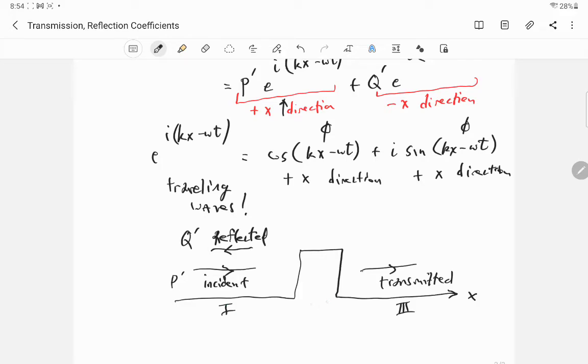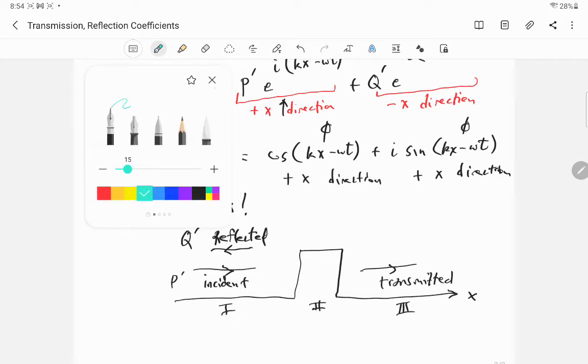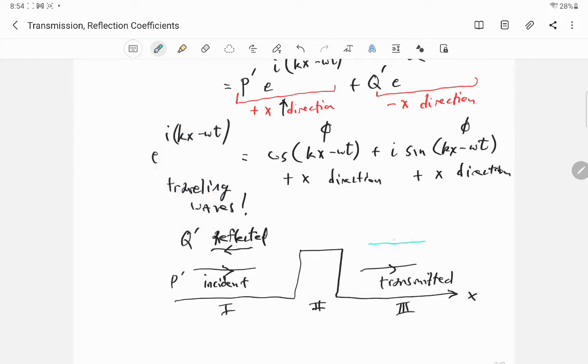This was all in region 1, and region 2 we won't have any reason to discuss in this piece of lecture. But this transmitted wave is positive x directed, and we actually expect none of this.